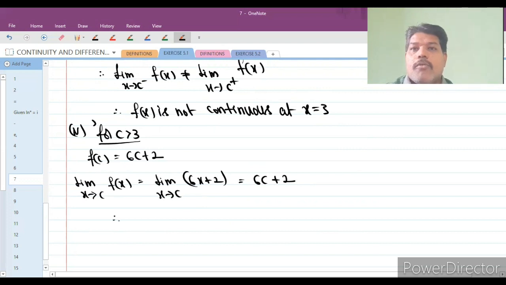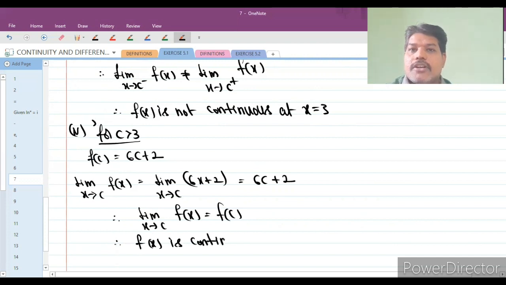Therefore, limit as x extends to c of f of x is equal to f of c. So therefore, what we can declare, students? Therefore, f of x is continuous.